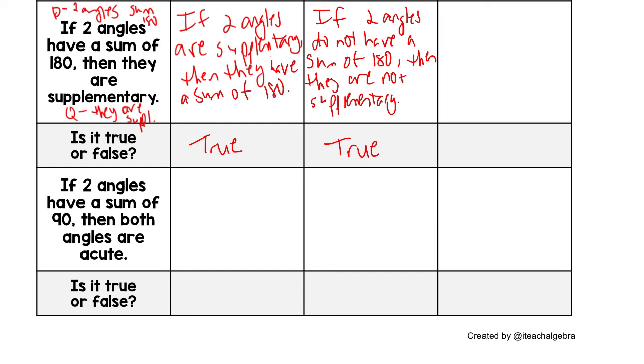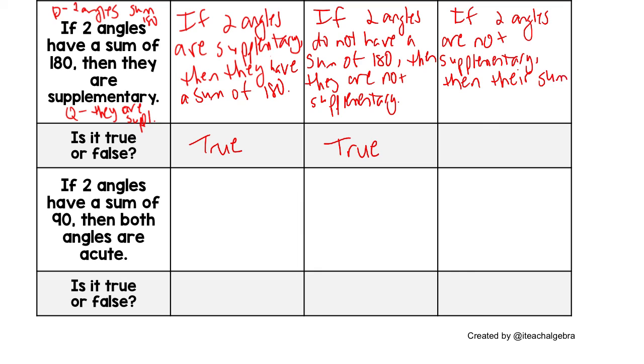And the contrapositive, if two angles are not supplementary, then their sum is not 180. Also true. These facts and definitions make it easy for us to see if these conditional statements are right.